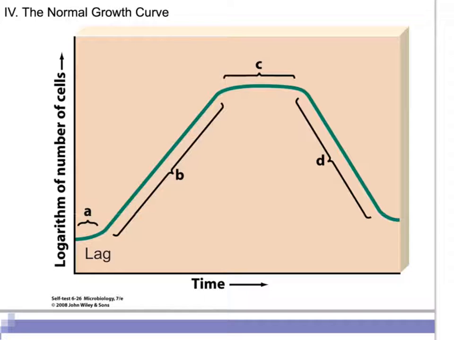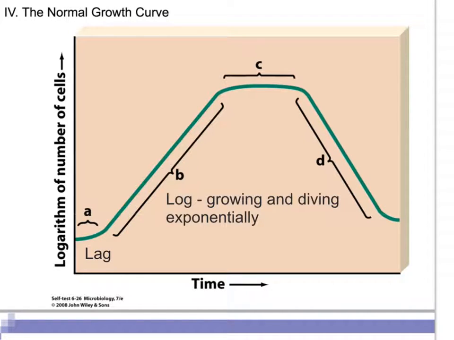They're getting accustomed to their environment. Now the next phase is log phase. In log phase the bacteria are growing and dividing exponentially, so everything is doubling really fast. It means everything is good.